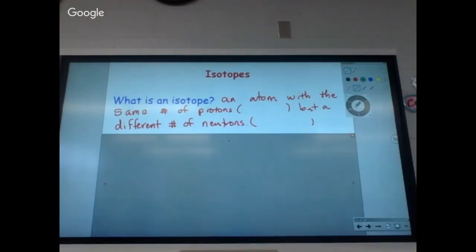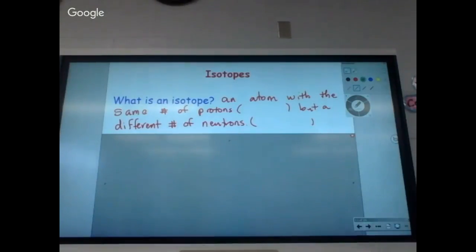So, what is another word we've learned today that means the same thing as an atom with the same number of protons? What's the number of protons? Atomic number. Okay?